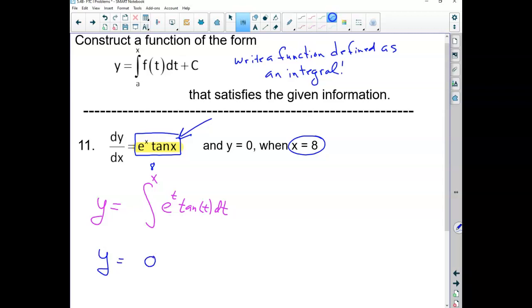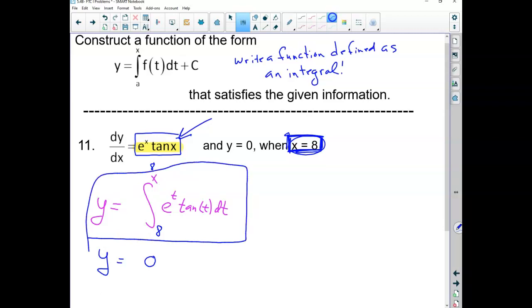So what am I integrating from where to 8 to make that integral equal 0? Well, wouldn't that be from 8 to 8? They're giving me my a value. I'm defining y as an integral, and if I integrate it from 8 to 8, it's going to output 0.